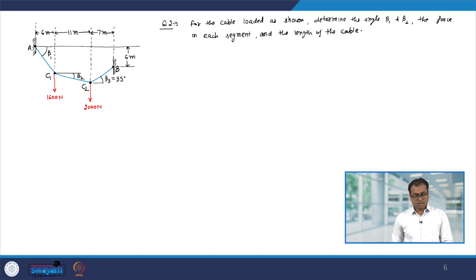Okay. So, again to solve this problem, let us first look at the free body diagram of the entire cable.